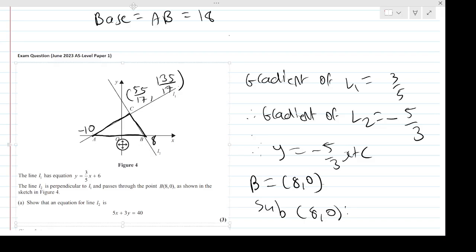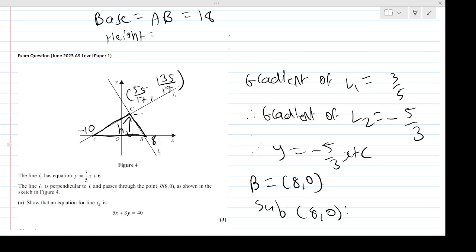Now I need the height. I need the vertical height, a completely straight vertical line, from the top of the triangle, which is C, to the bottom. That height there is H. Now, isn't the height just the y value of C?